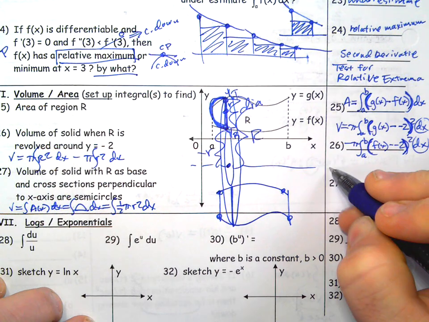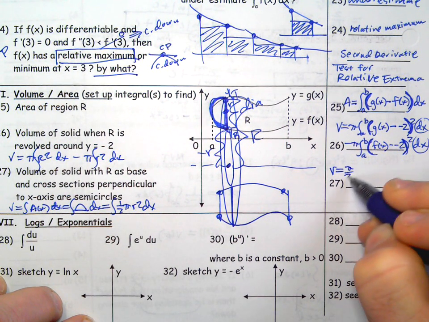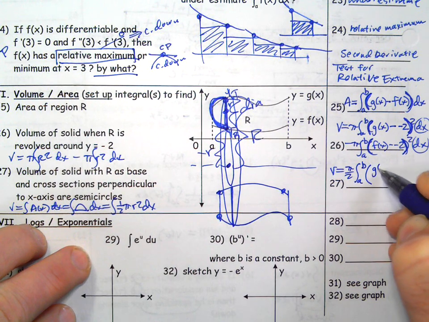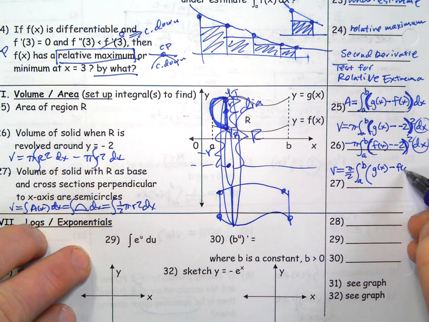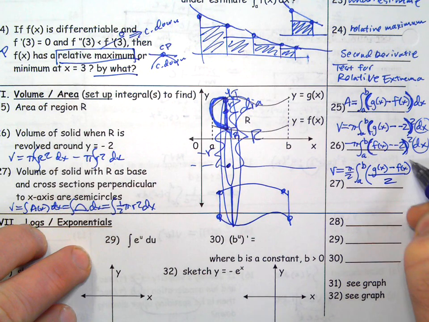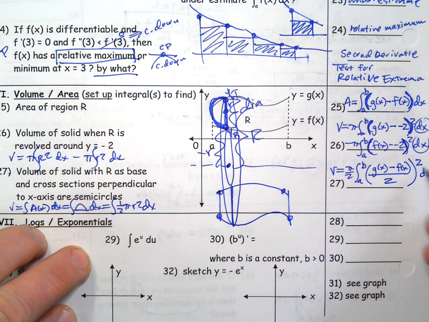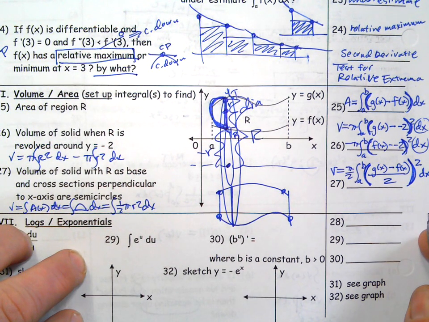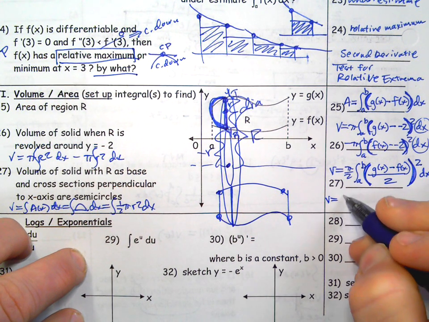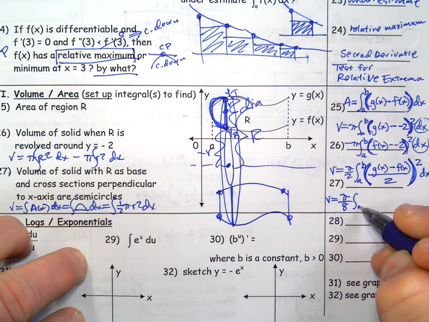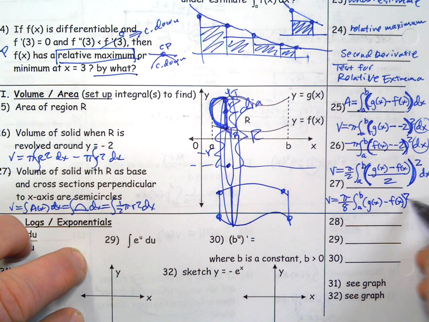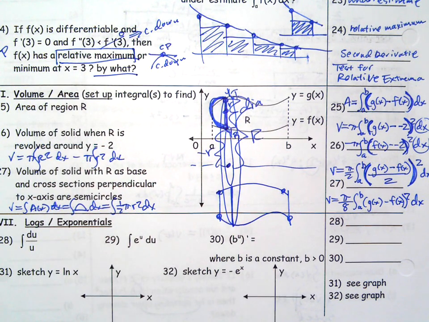So our answer is going to be volume equals pi over 2 integral a to b of g of x minus f of x, y top minus y bottom. That's the diameter, so we divide by 2 before we square it. So you need these parentheses around it with the division by 2. If you like, you could simplify this to pi over 8, a to b, g of x minus f of x squared dx. That's up to you. I don't care either way. I'm looking that you know how to set these up.